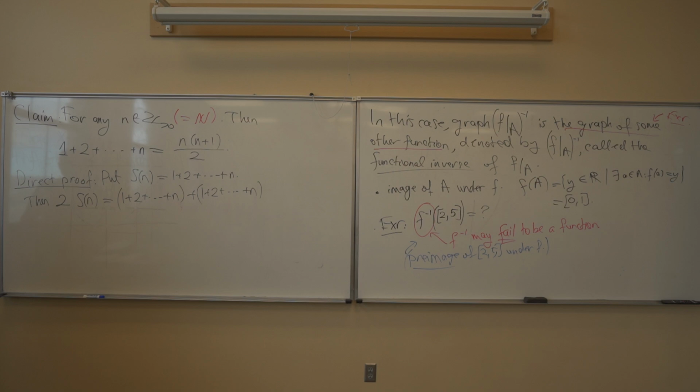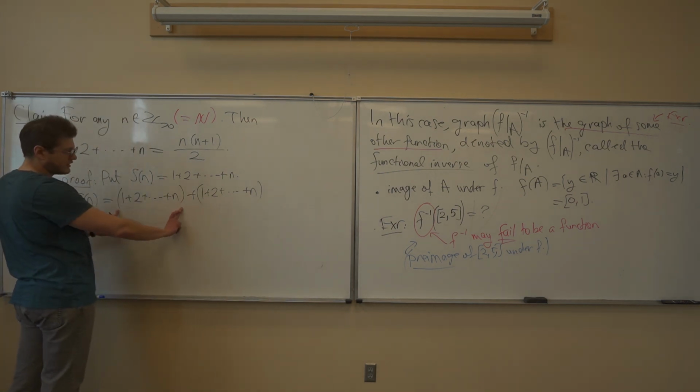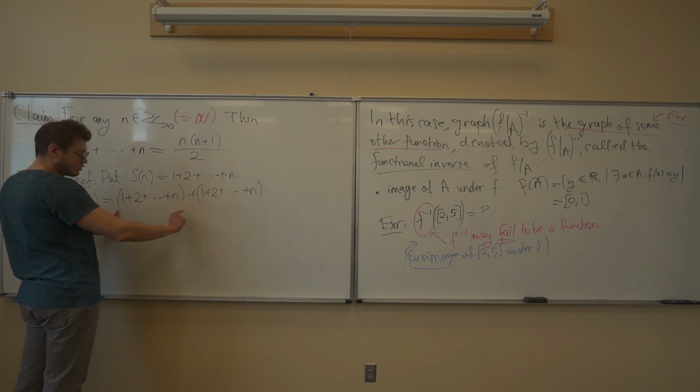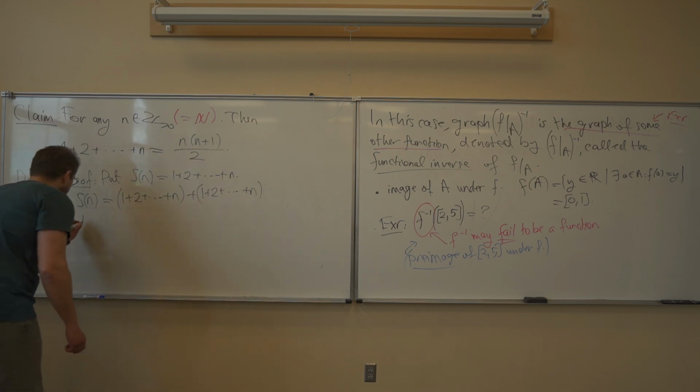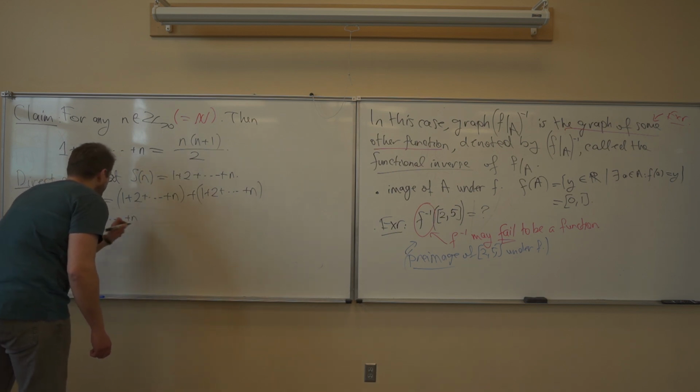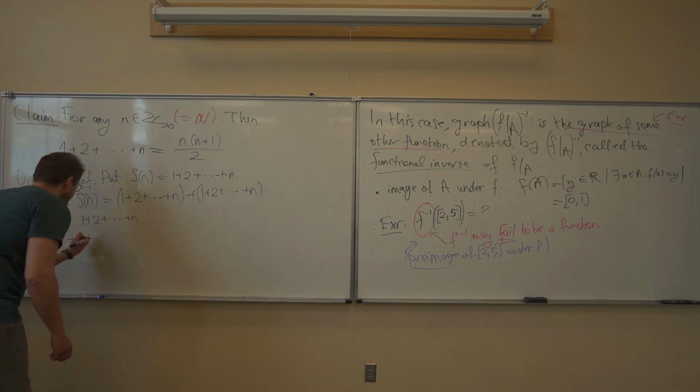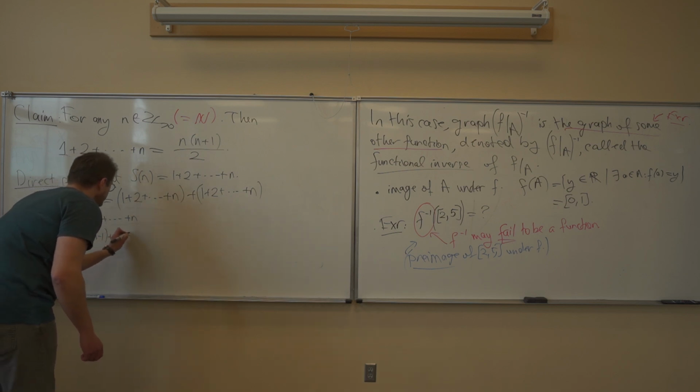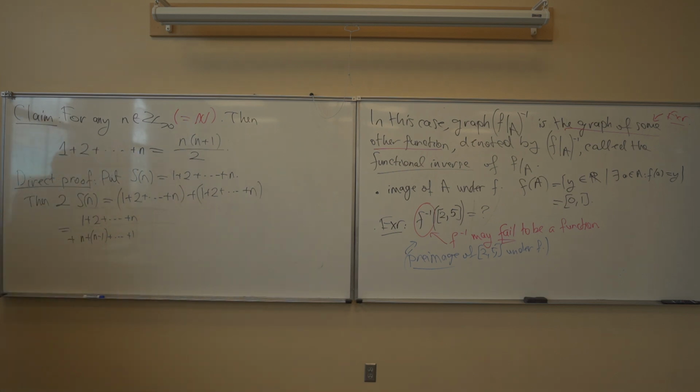But then, of course, I can drop the parentheses here and rearrange everything, because this is a sum of finitely many terms. So perhaps a nice way of writing this is this. You write this underneath this in such a way that if this is increasing, you write terms in decreasing order. And then plus n minus 1 plus dot dot dot plus 1 is the same thing. Then you consolidate using the same columns.